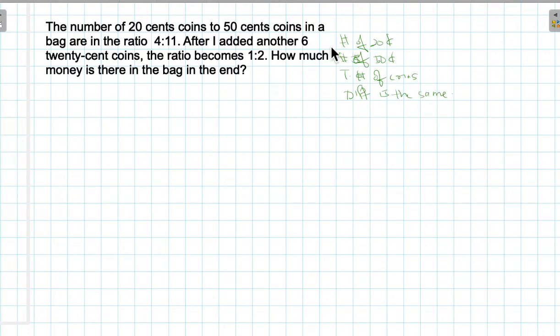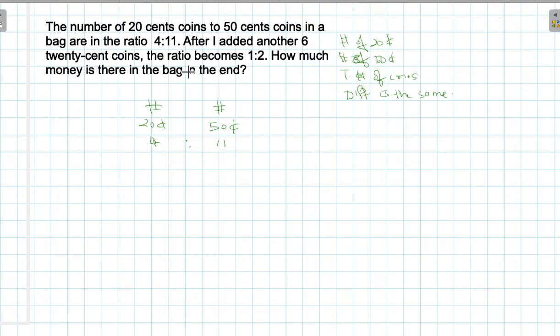When I see this thing, you must always say in your mind that I want to spot what the things are. So my number of 20-cent coins to the number of 50-cent coins is 4 to 11.